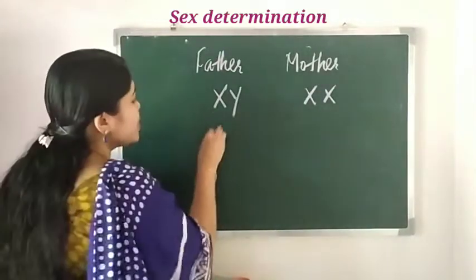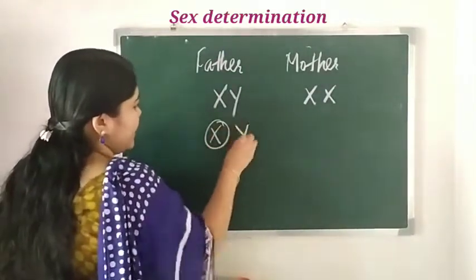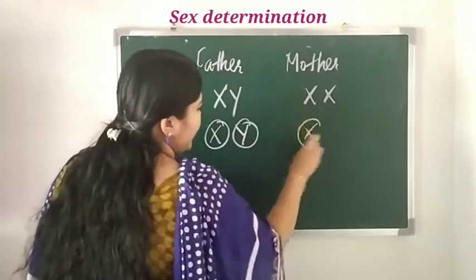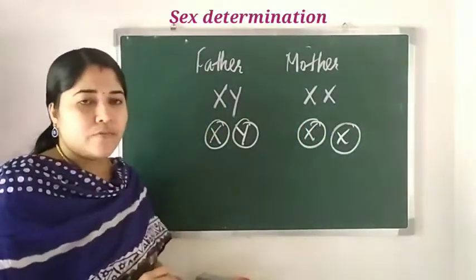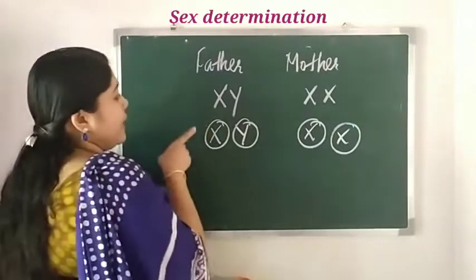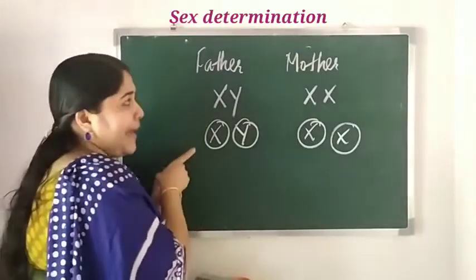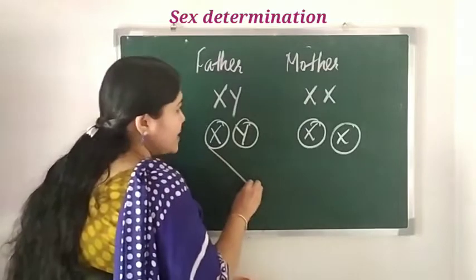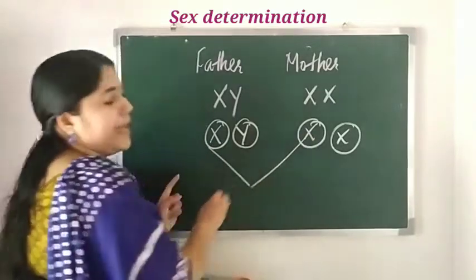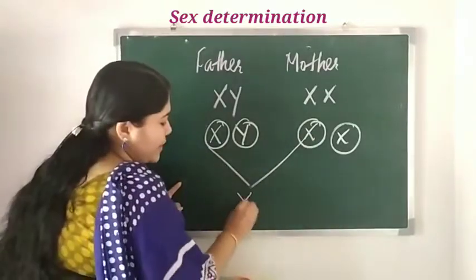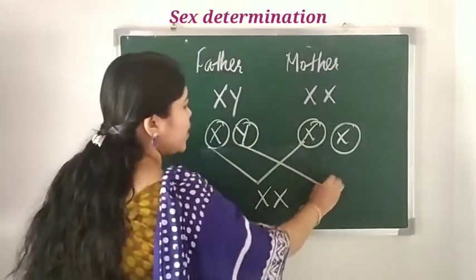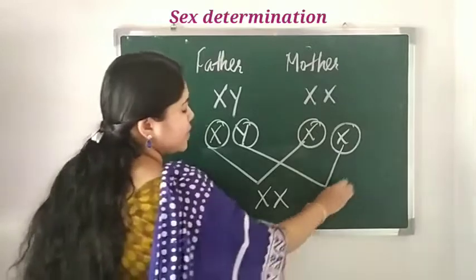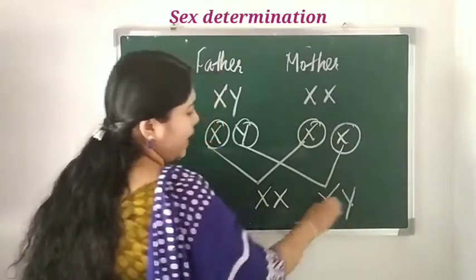As we write the gametes, during reproduction, what happens? A father's X chromosome fuses with the mother's X chromosome, so the baby will be XX. The father's Y chromosome fuses with the mother's X chromosome, giving XY.